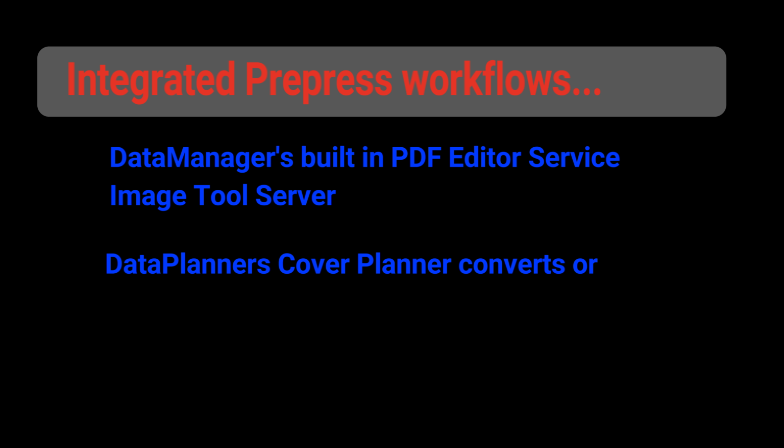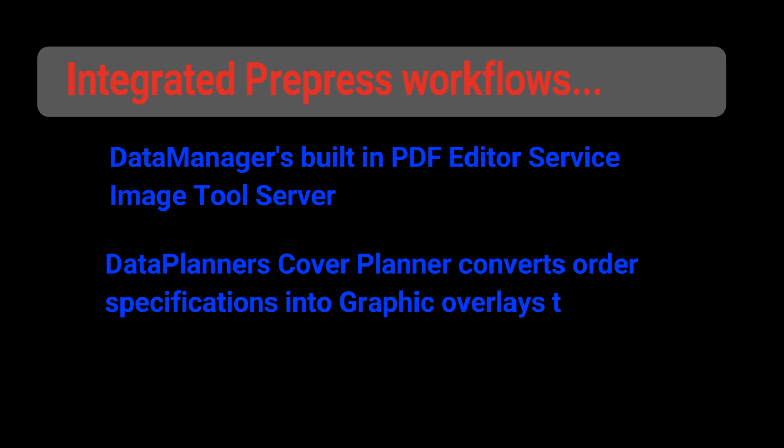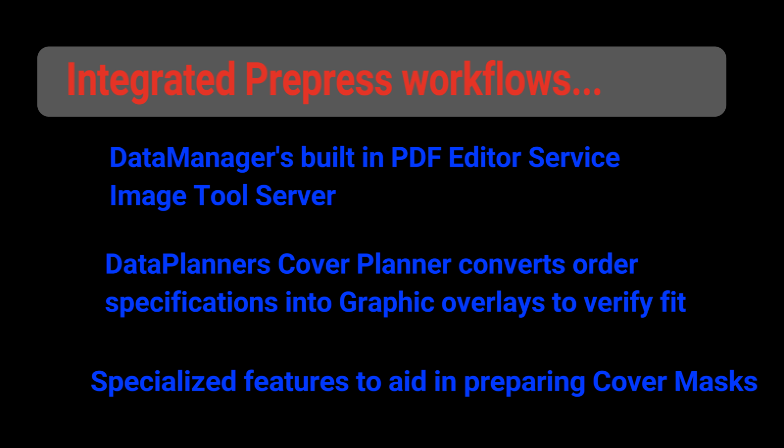One of Cover Planner's main features is the ability to convert order information into projected mechanical overlays onto the graphics, verifying fit while providing critical positioning adjustment capabilities. Other specialized workflows are designed to manage processing included mask files to be used in the finishing operations, like spot coatings, foils, or embossing dies.